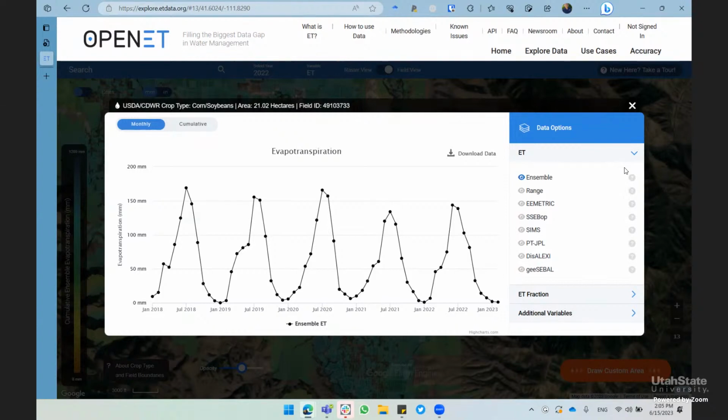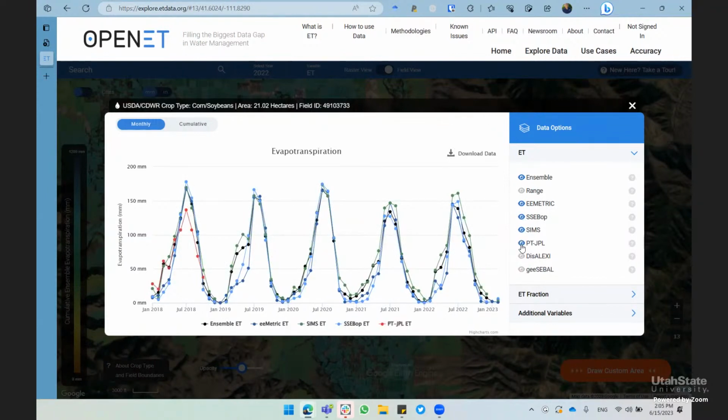And we see the total monthly values happening every month. So I have the option to get the average model, they call it the ensemble, or I have also the option to access every individual model. For example, let's say I'm familiar with methods, I'm familiar with SSEBop.